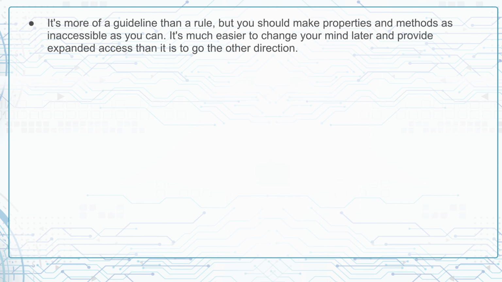The first general guideline is, as I said, more of a guideline than a rule: you should always make properties and methods as inaccessible as you can. It's much easier to change your mind later and provide expanded access than to go the other direction.